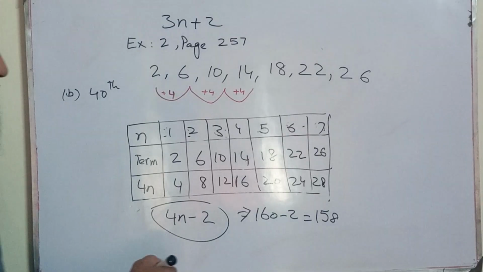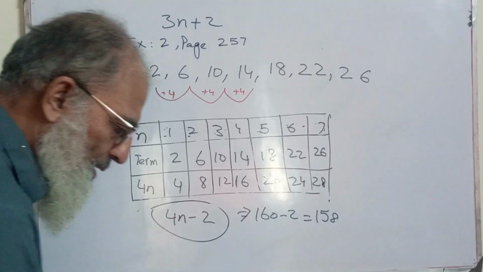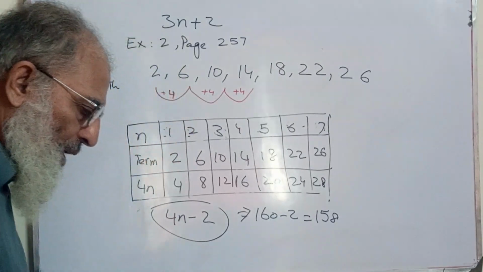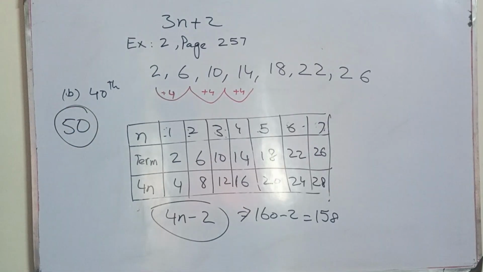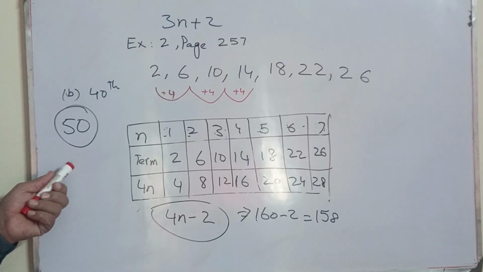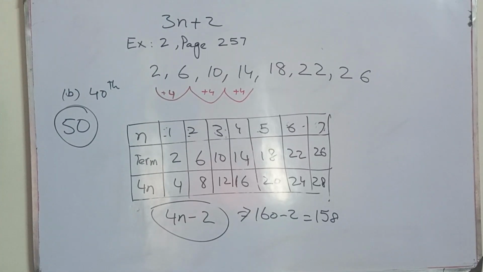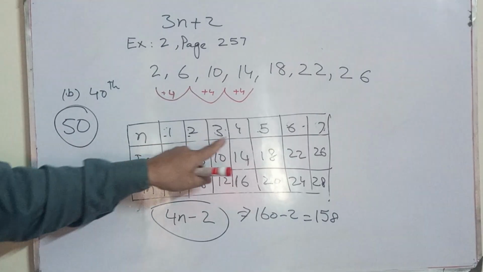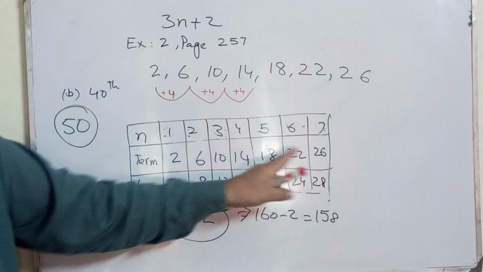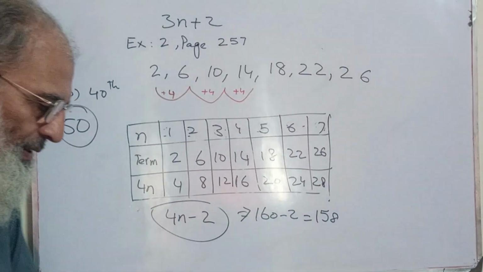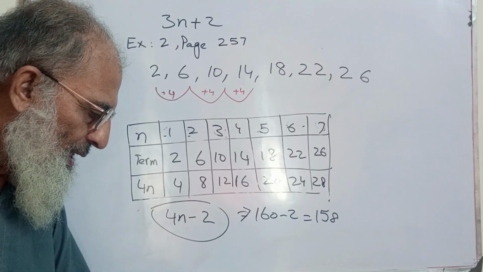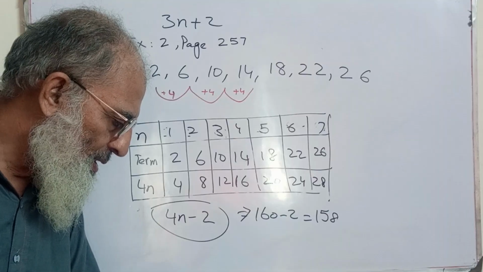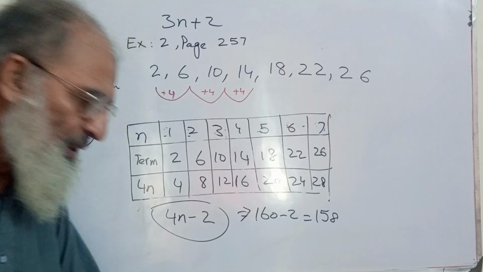Now we have to find whether or not 50 is in the sequence. Number 50 is given to us, and we are asked at which number it will come, and how you know that the number 50 is in the sequence.